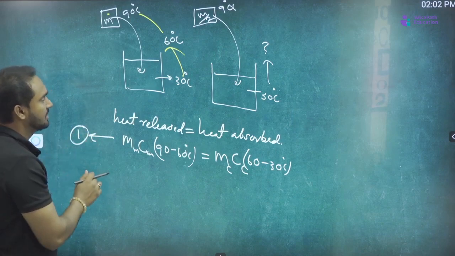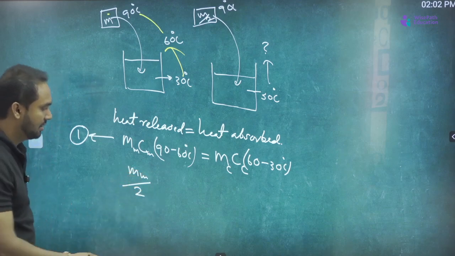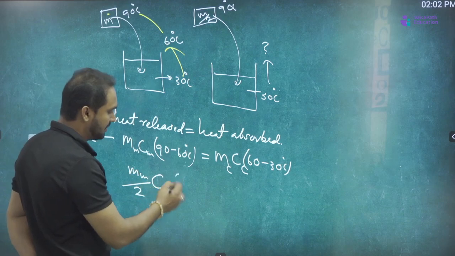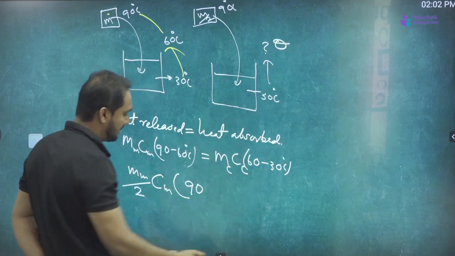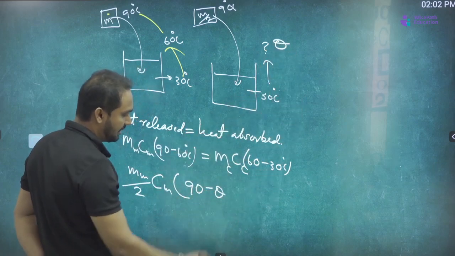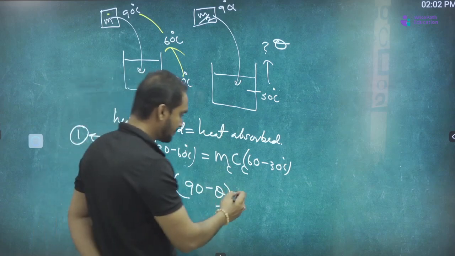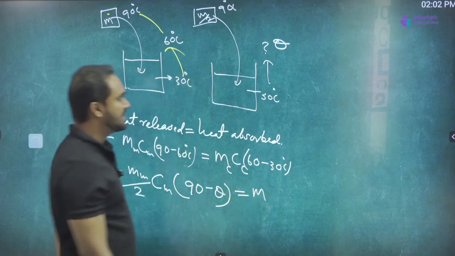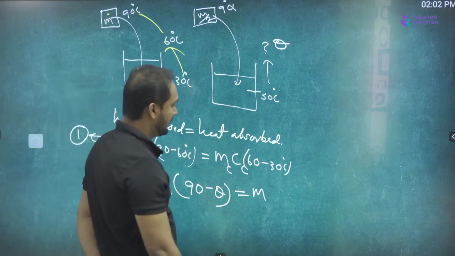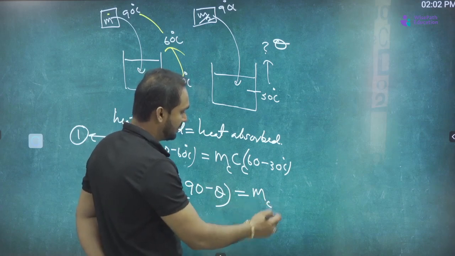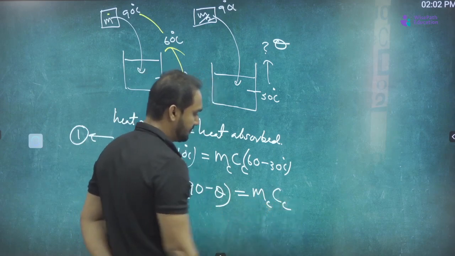What about the second system? The mass is actually half of it, but the specific heat capacities are the same. The temperature difference: 90 minus, we don't know the final temperature, we'll take it as theta. So it's 90 minus theta, equals m c of the container or system, c of the container is the same.